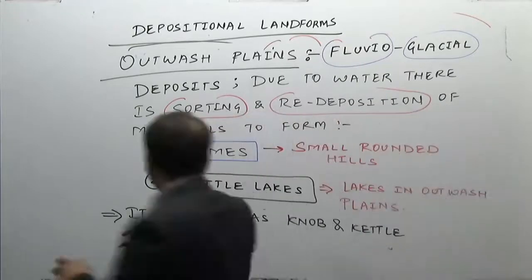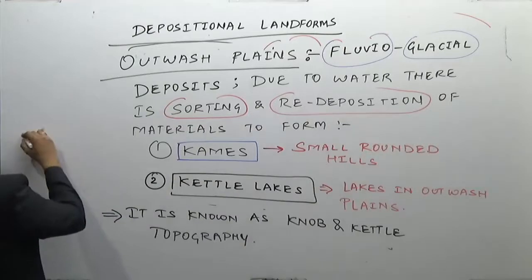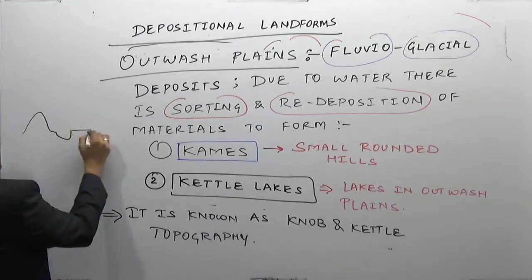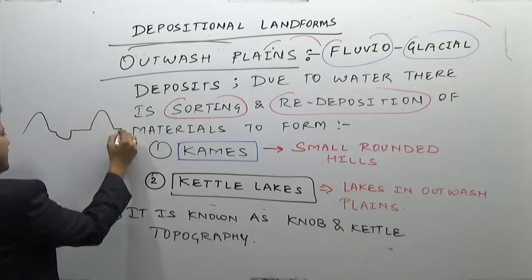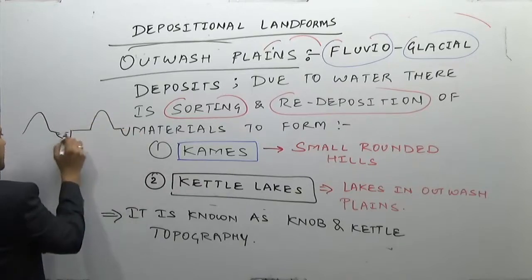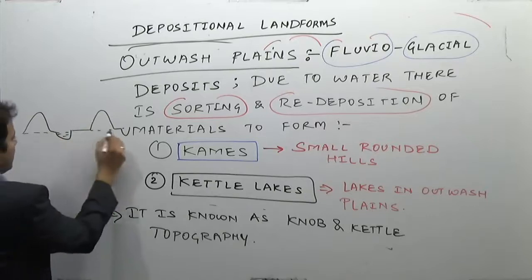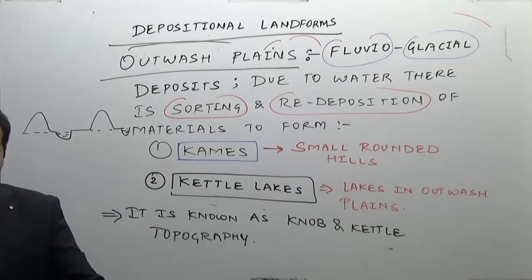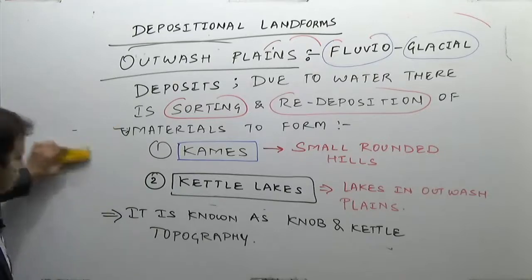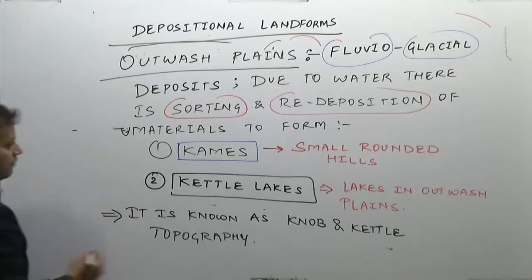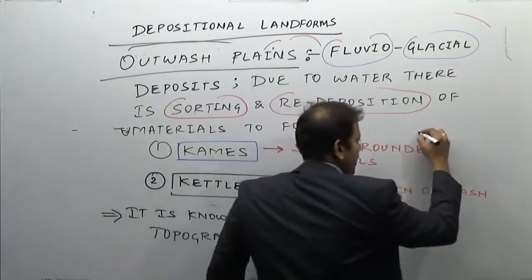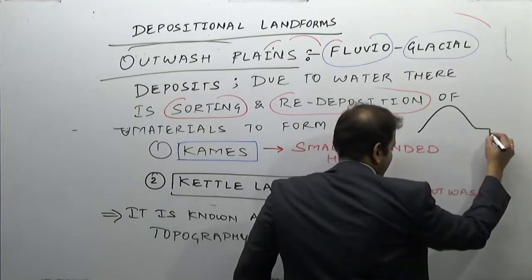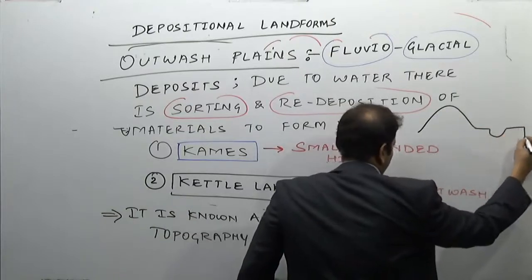Why? Because they will look somewhat like this. A rounded hill, then a depression. A rounded hill and then a depression, that is the kettle lake. So it looks like a knob and kettle topography. There will be a knob, that is a small rounded hill, and then afterwards there will be a depression in the ground.